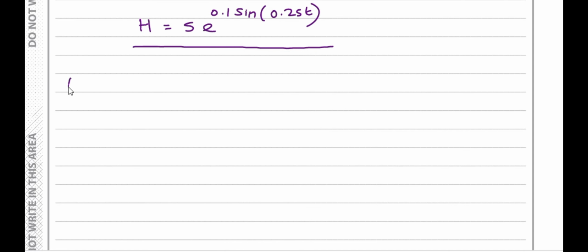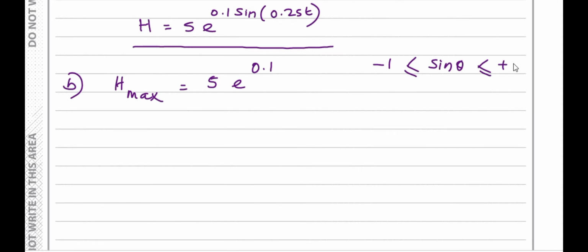So part B, we can say h max is equal to 5 e to the power of 0.1, and then pause there. This sine 0.25t is sine of an angle. Sine of an angle is always oscillating between what? Greater than or equal to -1 and less than or equal to +1.